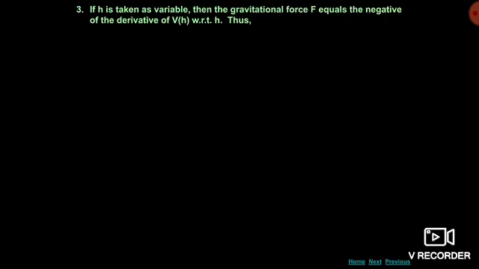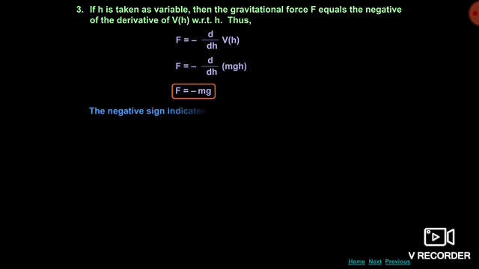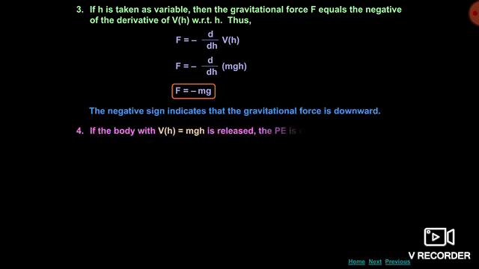If h is taken as a variable, then the gravitational force F equals the negative of the derivative of V(h) with respect to h. Thus F is equal to minus d by dh of V(h), or we can write F is equal to minus d by dh of mgh. The force will be minus mg, because the derivative of h with respect to h is 1, and the negative sign indicates that the gravitational force is downward.